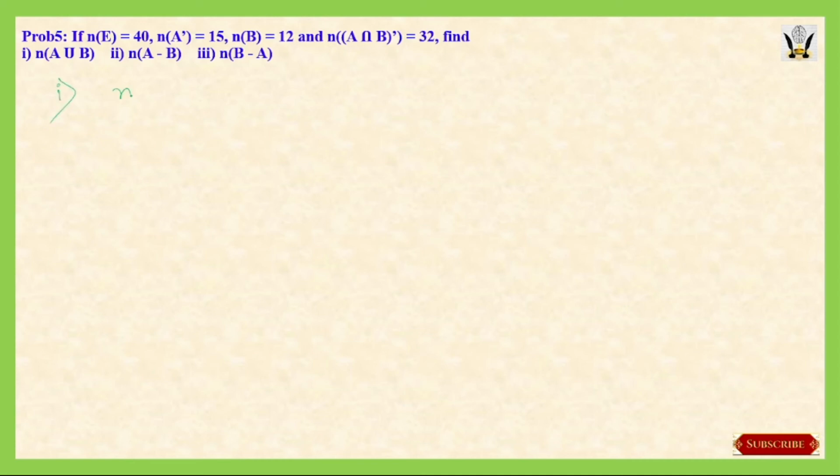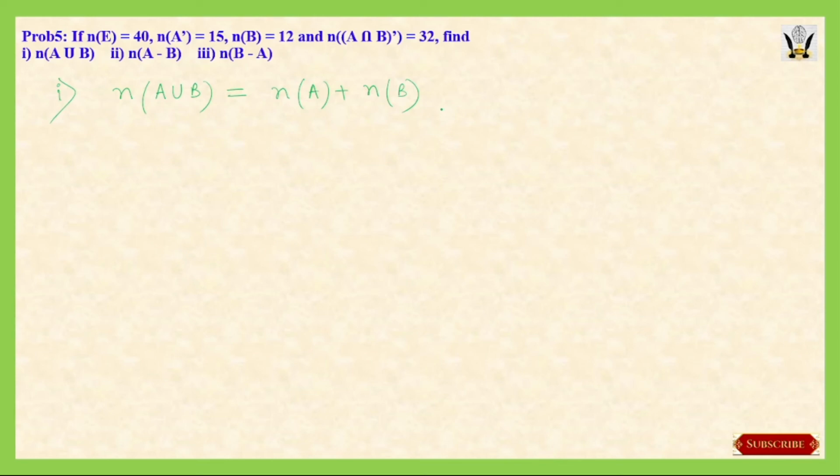Now in the first part we have to find the cardinal number of the union operation, and we already know this relationship, that it will be equal to n(A) plus n(B). So first all the elements of the first set we will consider, then all the elements of the second set we will consider, and if there is any common element, we have to discard it, because we consider the elements only once.